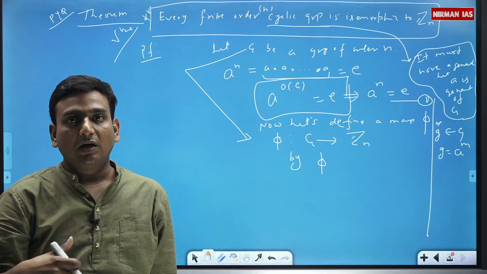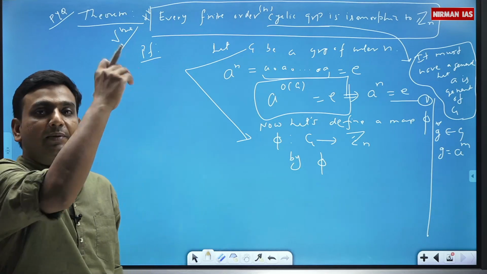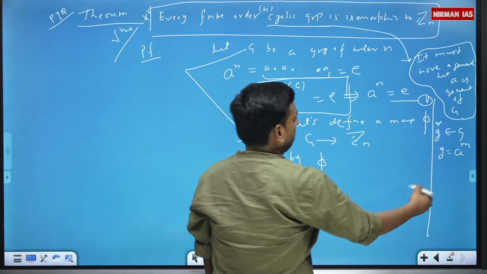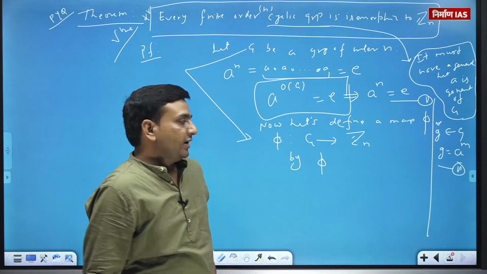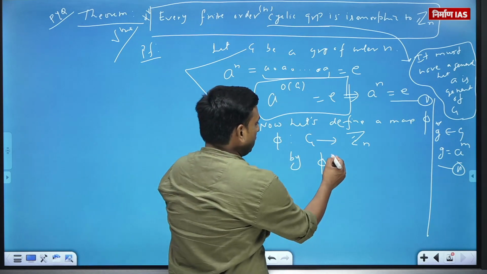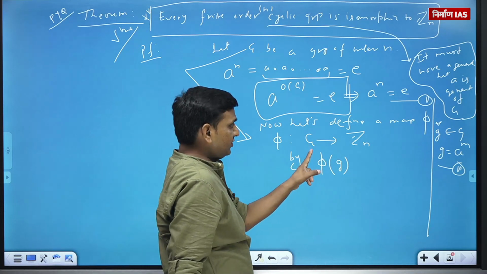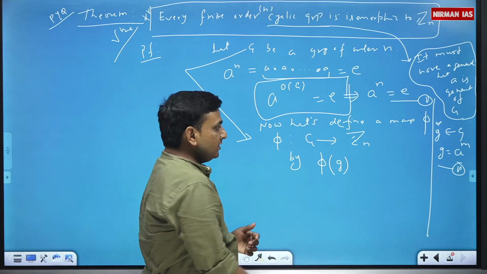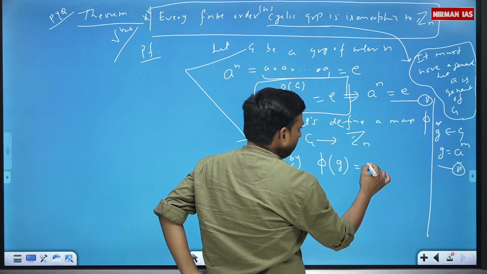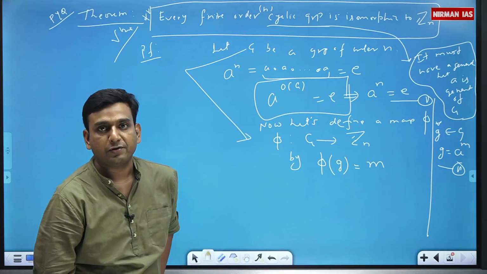Generated means by doing multiple compositions of that element, we get each element of the group. So if I take any element of G, I am defining the formula like this. You're getting my point or not?